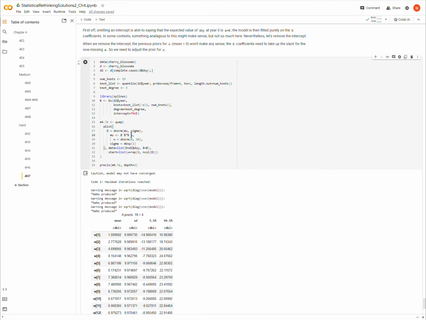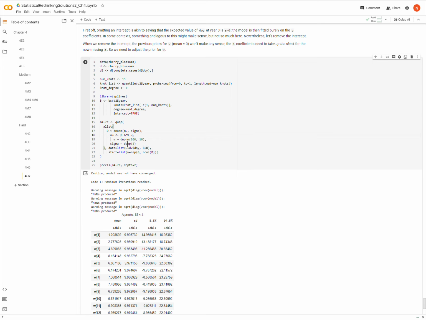And so what we need to do is get these basis splines to, quote unquote, take up the slack of the missing intercept. The way that we can do that is to put the w values up, to boost them up. I'm putting it to 100, but it probably doesn't need to be that high.